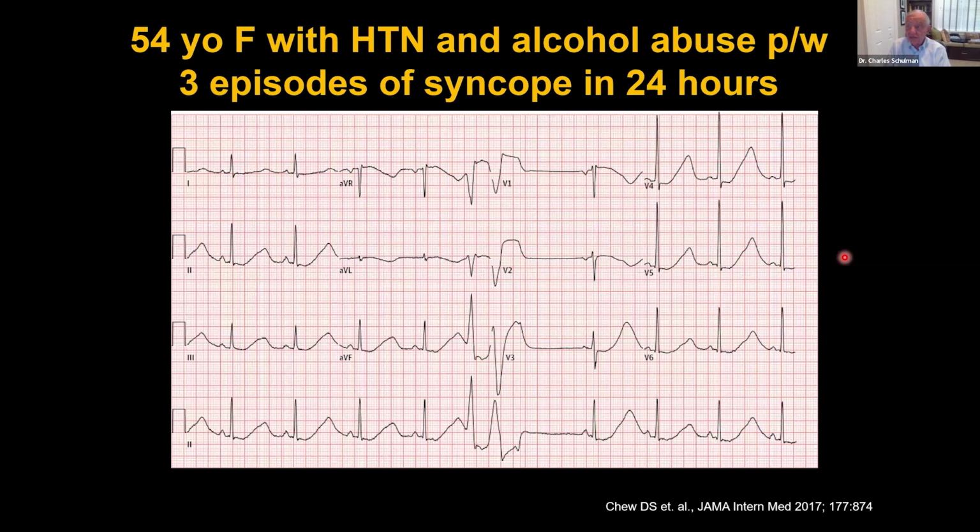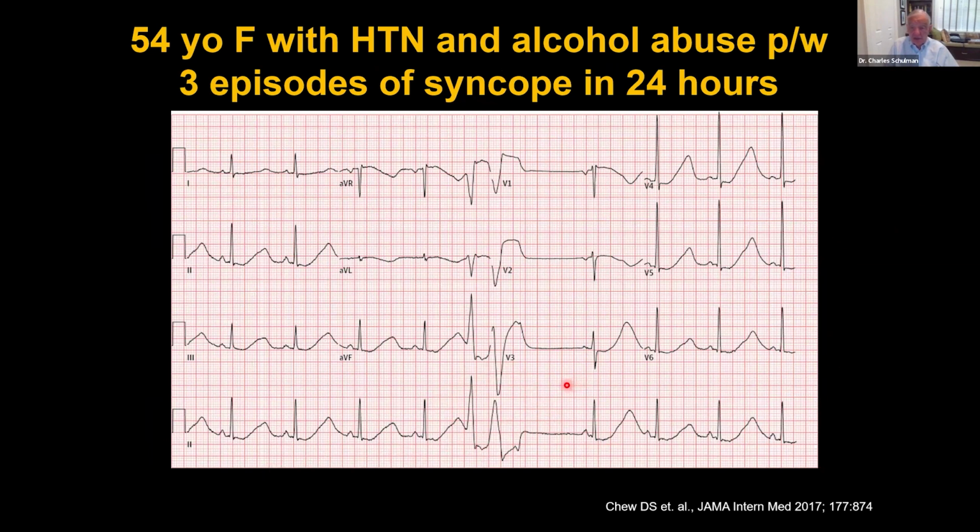Okay, now here is a 54-year-old woman with hypertension and alcohol abuse who presented with 3 episodes of syncope in 24 hours. What's going on here? Well, here's a ventricular couplet. She's got sinus rhythm.